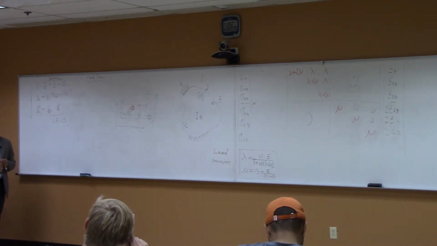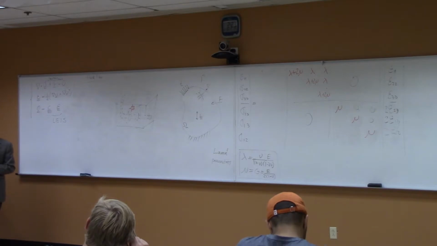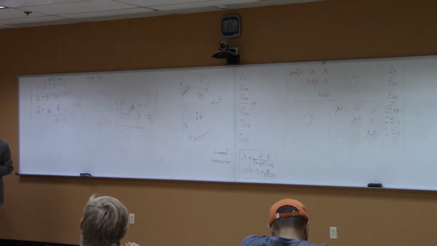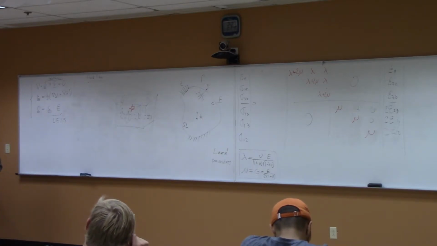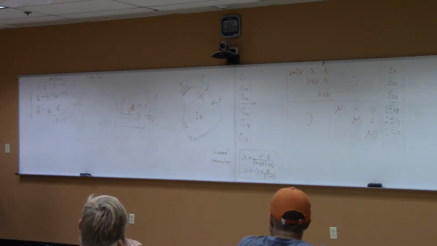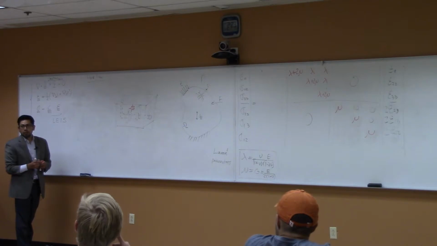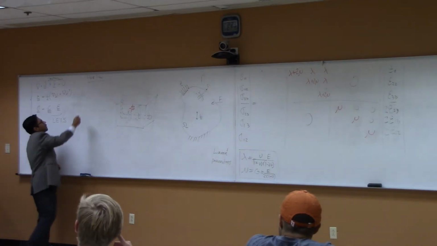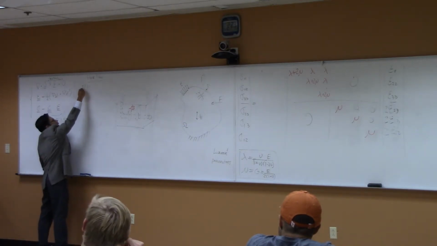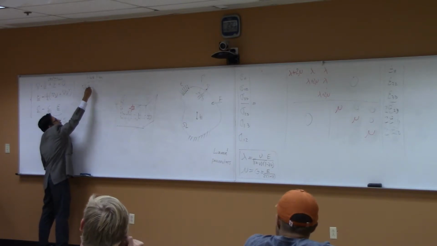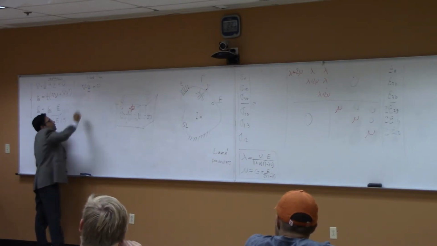What is the first equation that you need in order to solve a fluid flow problem? Material balance, right? Or mass conservation. And what is the equation for that? Of Q equal to 0.